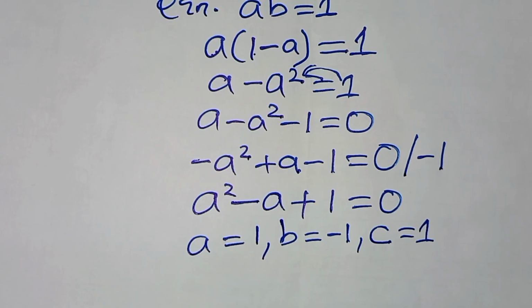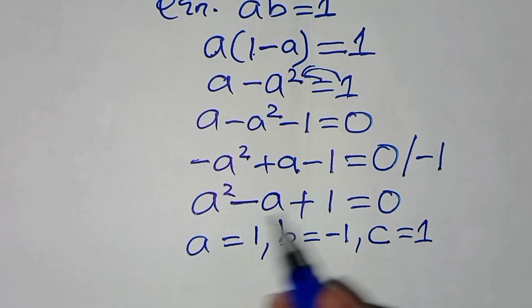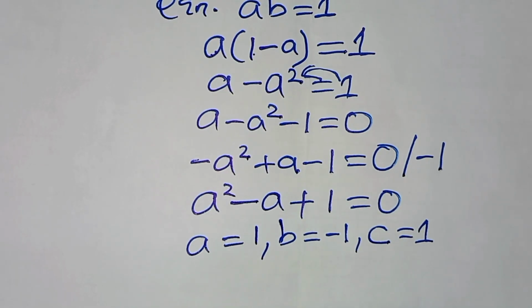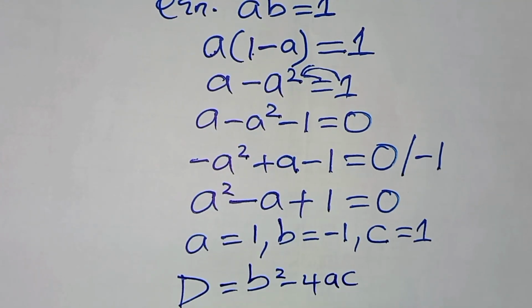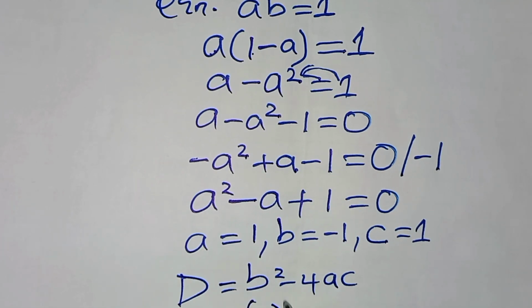So the next step here, let's check the nature of this quadratic equation by determining the discriminant value of this quadratic equation. So the discriminant value is expressed as b squared minus 4ac. So let's substitute the values of a, b, and c. So we have negative 1 squared, subtract 4 times a, which is 1, times c, which is 1.